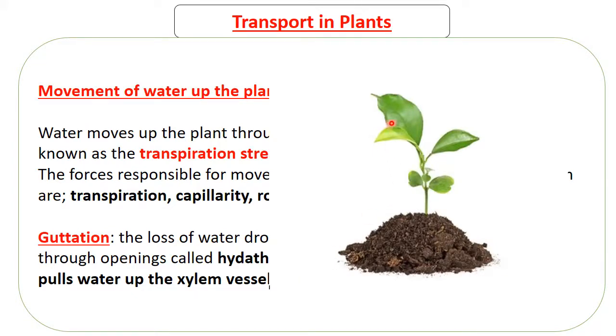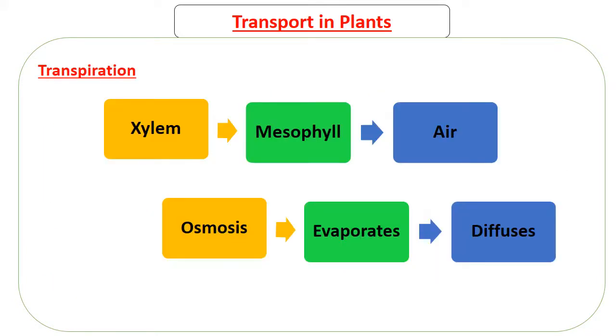The difference is that in transpiration, water evaporates outside the leaves, but in guttation, on the tips of leaves and on the margins, especially in the morning at times, you're going to find some water like this. This water can drop due to gravity. Because of that, here there's going to be less water, and if there's more water here, it's going to move to replace this water. This is going to continue, and the water is going to be pulled up, just like the way I explained in transpiration.